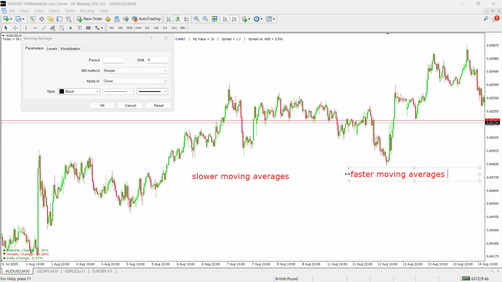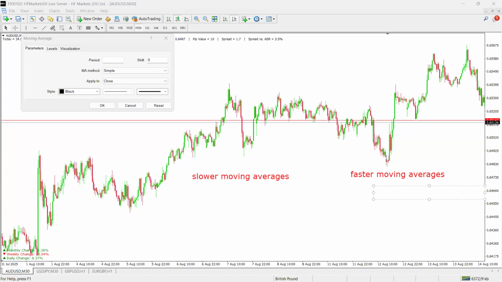They follow prices, they stay too close to prices. Those are the faster ones. They're so fast that they stay very close to price. They don't stay far away from prices. They're really close to prices.